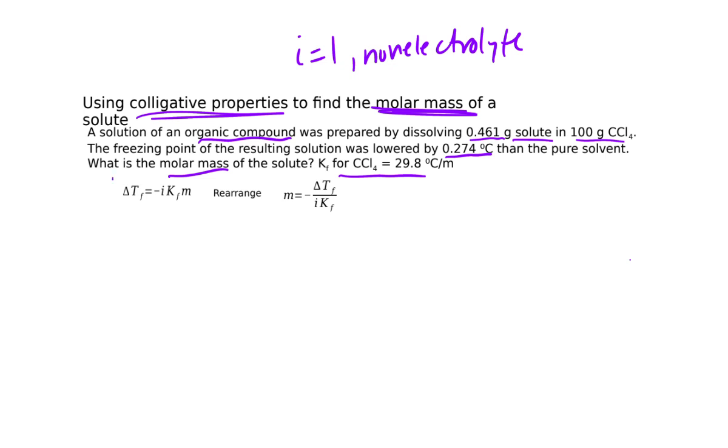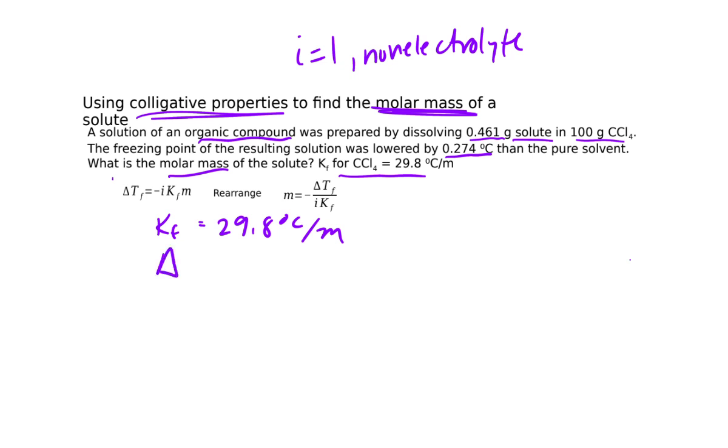All right. So here we have the equation we're going to use, our freezing point depression equation. Based on what we have in the problem, we know our K sub F is 29.8 degrees C per molal.